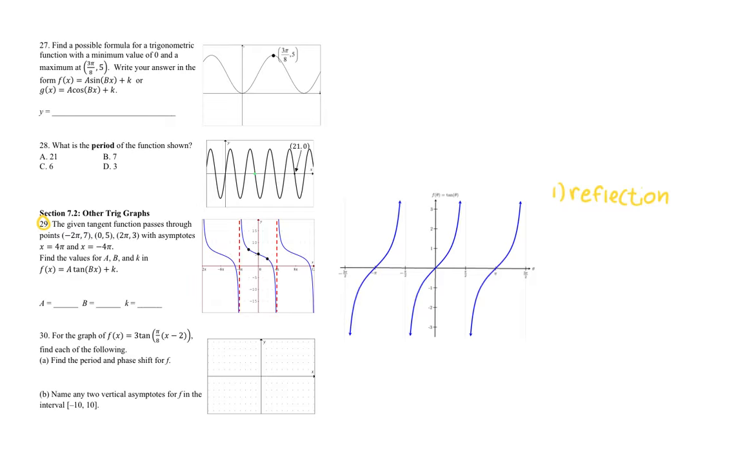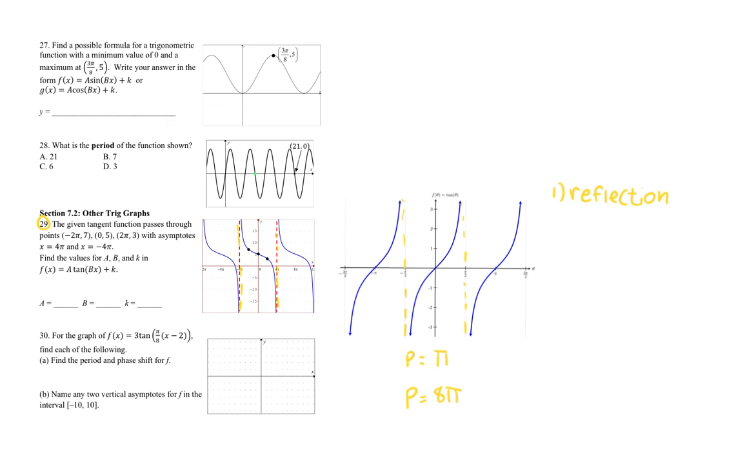Okay, so what else do we notice? Well, we would normally have a period that goes from negative pi over 2 to pi over 2, which is a period of pi. But now our period goes from negative 4 pi to 4 pi, meaning our period is 8 pi.